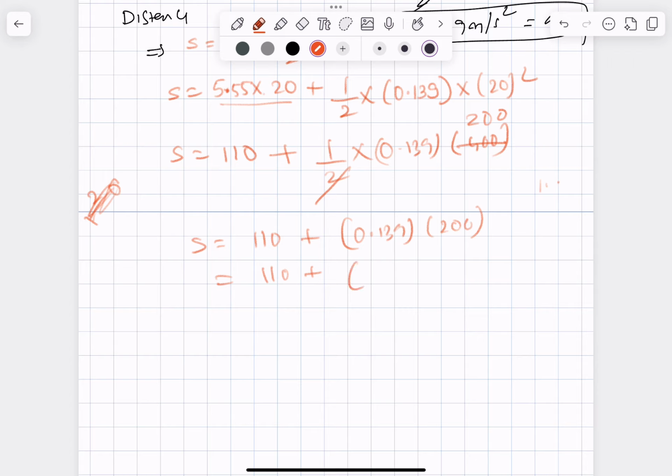So I can write this as 200 into 0.1. There is a simple method also for sure, but just to make it understandable.